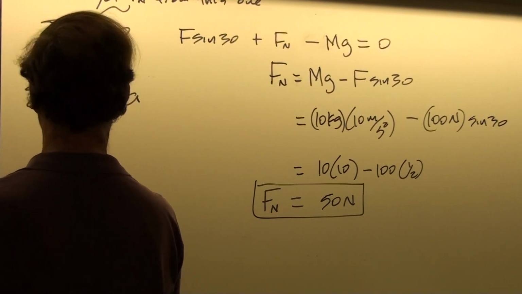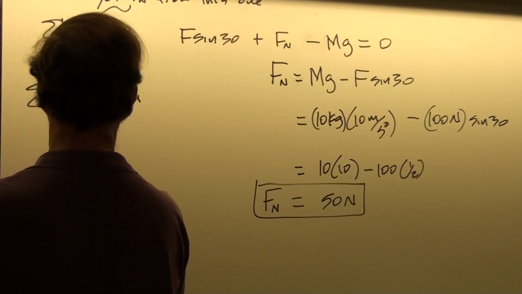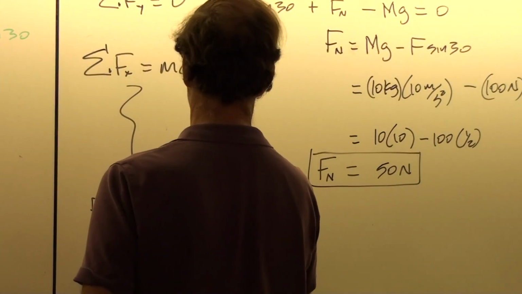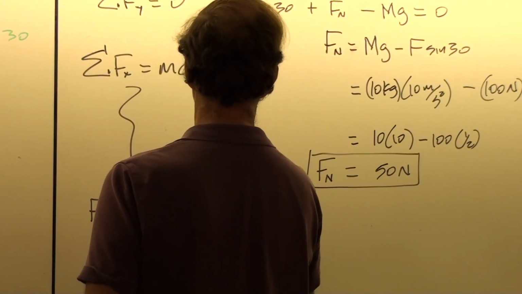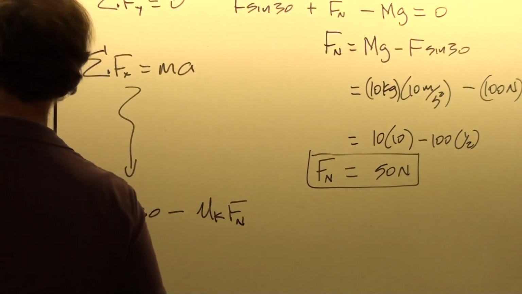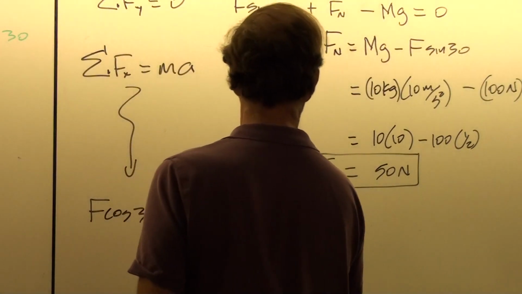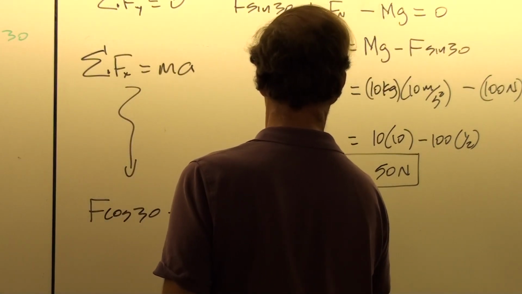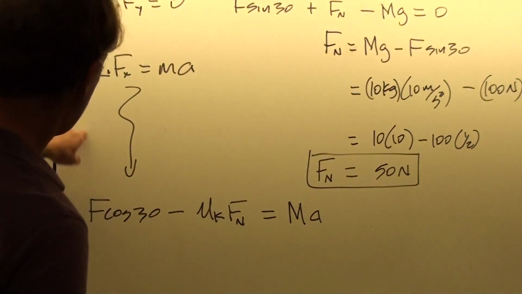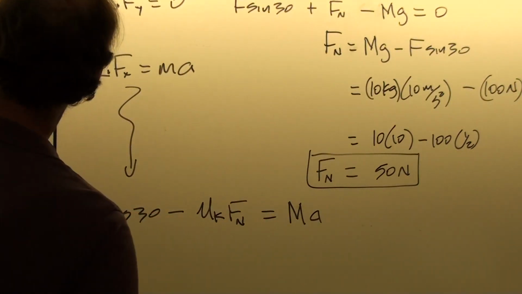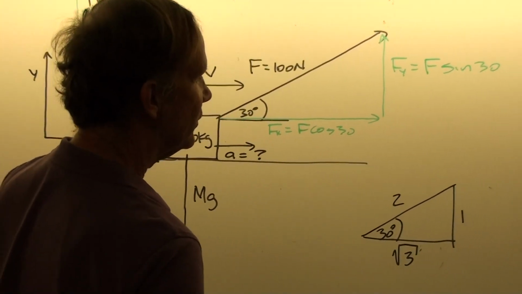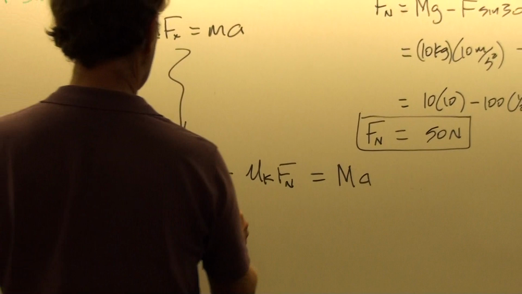Okay, so the sum of our x forces is what gives us the acceleration. So we have Fx, which is F cosine 30, minus mu k times the normal force for the friction force, equals ma. That's our sum of the x forces. We have the Fx force and the negative friction force. Then we plug in numbers.